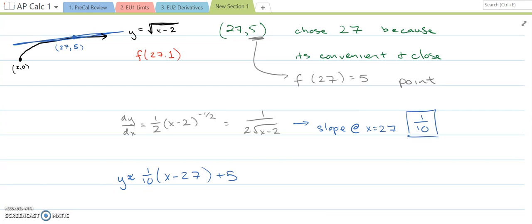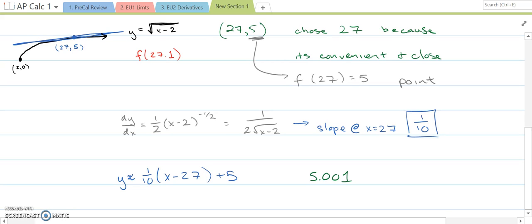All of this leads me to being able to say that if I want to approximate the value at 27.1, all I have to do is plug it into this. I don't actually have to worry about doing a radical that involved this decimal as well. I can plug it into this linear function, and it's going to give me something like 5.001.